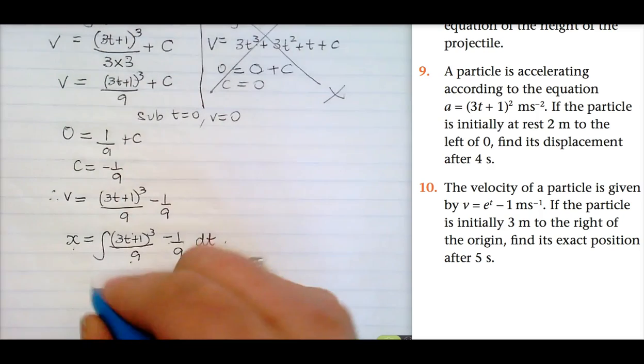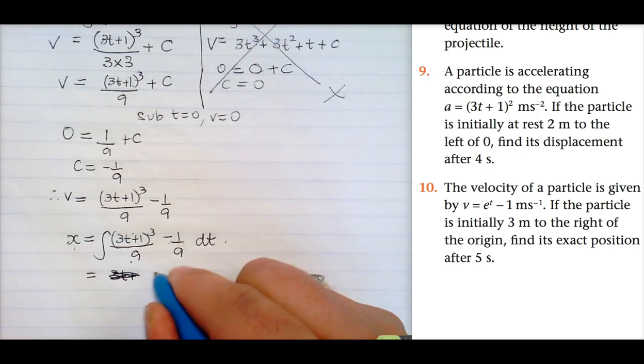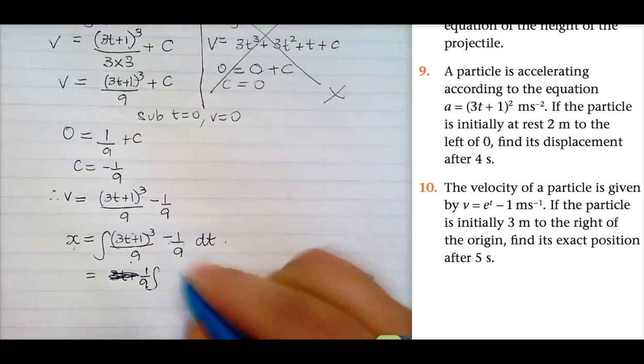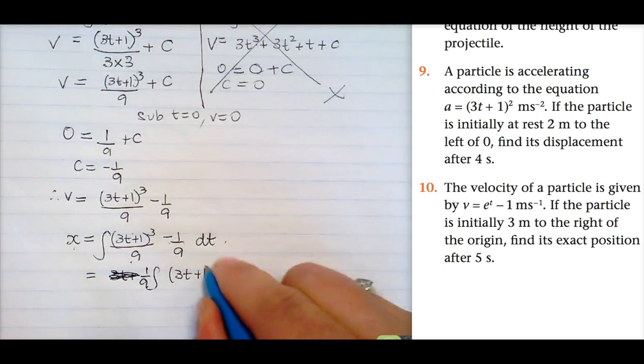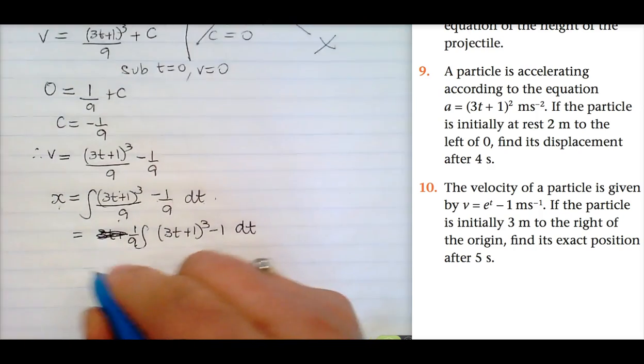So what do we get? Yes, you can pull out 1/9 to the front. So it's 1/9 integral of 3t plus 1 cubed minus 1 dt. Are we good with that? I'd pull out the 1/9.